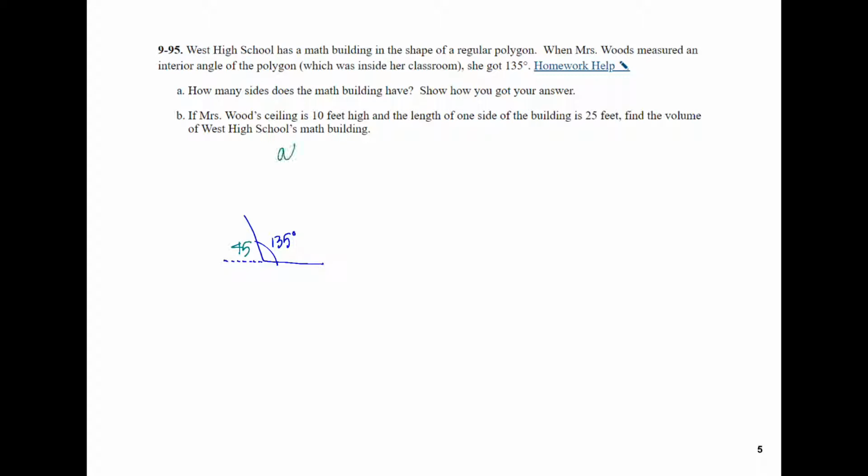I know all polygons' exterior angles add up to 360 degrees, so I can take 360, divide that by 45, which tells me my polygon has 8 sides. If Mrs. Woods's ceiling is 10 feet high and the length of one of the sides of the building is 25 feet, find the volume.